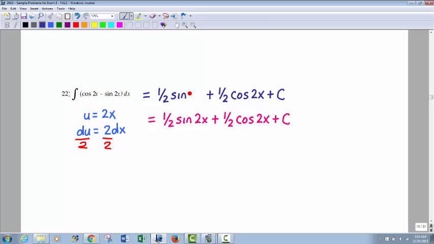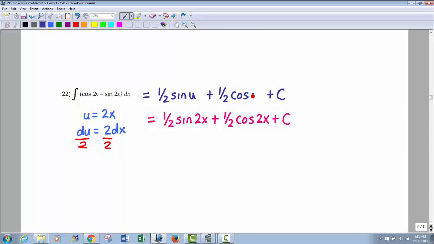So in other words, the antiderivative of cos of u would be sine of u, but the antiderivative of sine of u is negative cos of u.